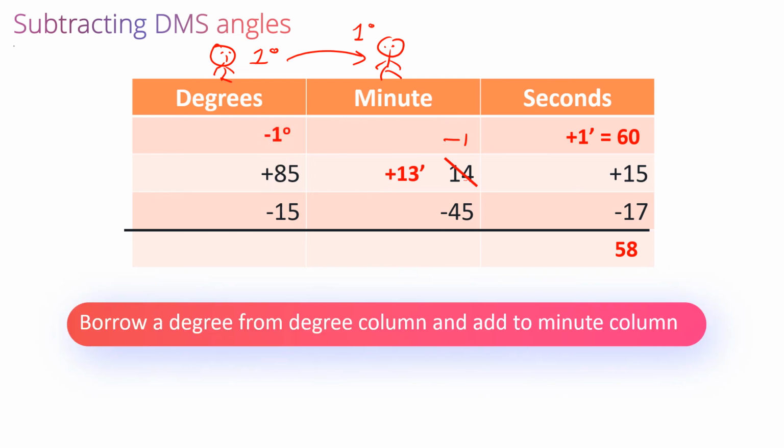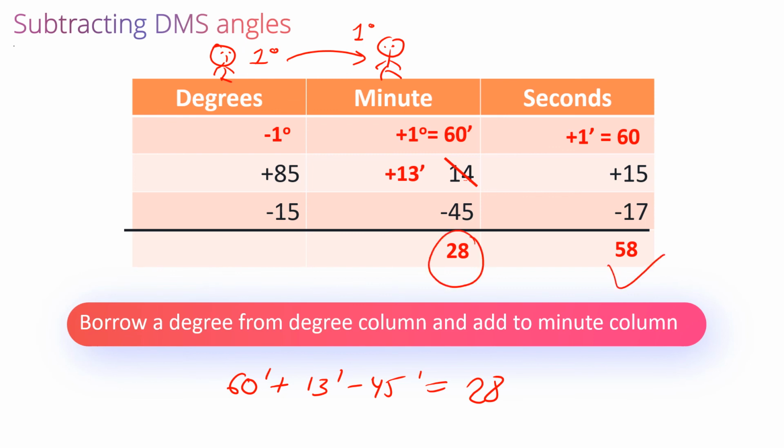So again, borrow a degree from the degree column and add to the minute column. 1 degree is equal to 60 minutes, right? Now you can add 60 plus 13 minus 45, which gives you 28. So this is 28. Looks good.